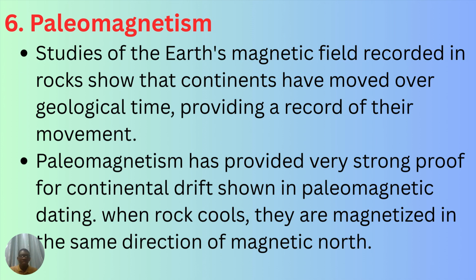So this pattern of the rocks in relation to magnetism gives us strong proof of continental drifting, as these magnetic directions were formed when there was only a single land mass. That's why the rocks in the different continents, once they cool, are magnetized in the same direction, following the origin of those magnetic fields.